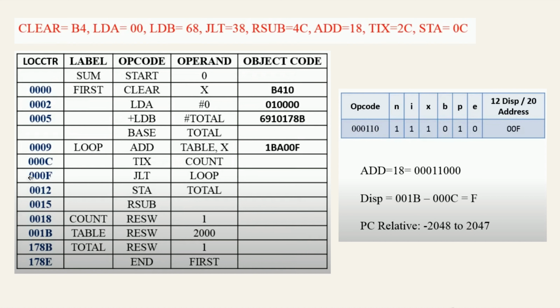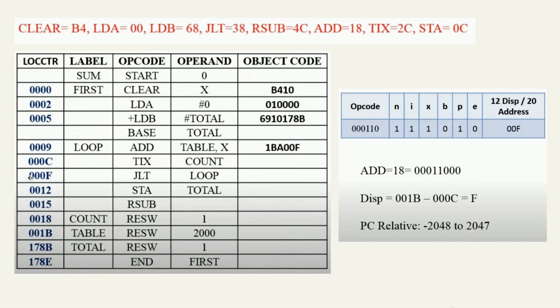Okay. So let us see what are the entries for these flags. So this TIX count is neither indirect nor immediate. It is not an indexed addressing mode statement. It doesn't use a base register. It uses program counter and this is a format 3 instruction.